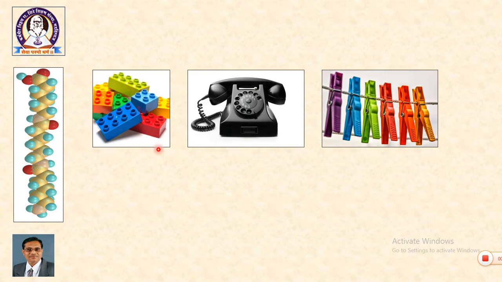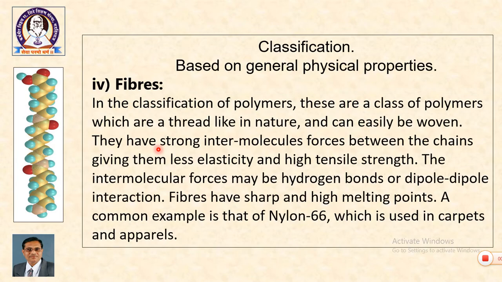So, elastic polymers, elastomers, thermoplastics and thermosetting compounds. Then the last category in this is fibers. In the classification of polymers, these are the class of polymers which are thread like in structure and can easily be woven. They have strong intermolecular forces between the chains, giving them less elasticity and high tensile strength.